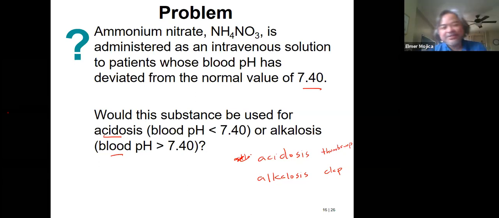So what do you think will be the acidity of your ammonium nitrate? Because that's the only way for you to determine in what conditions you're going to use that thing. So remember, the idea is to maintain the blood pH of 7.40.